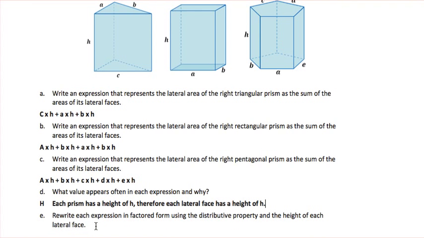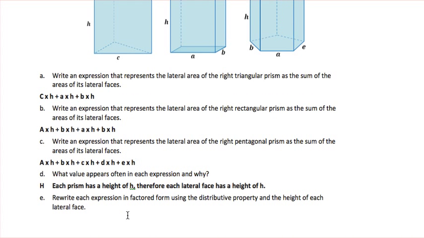Then we're asked to rewrite each expression in factored form using the distributive property and the height of each lateral face. So we're going to factor out the height using the distributive property, and I'm going to do that in the space where we put the original expressions.